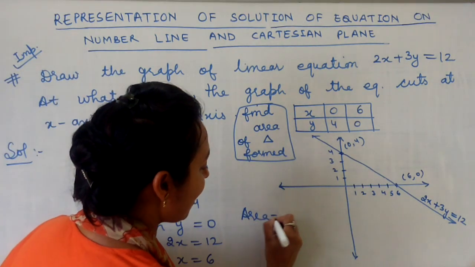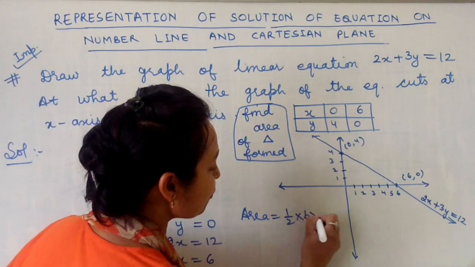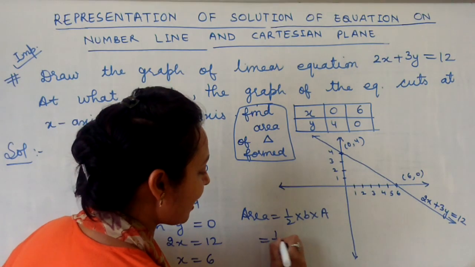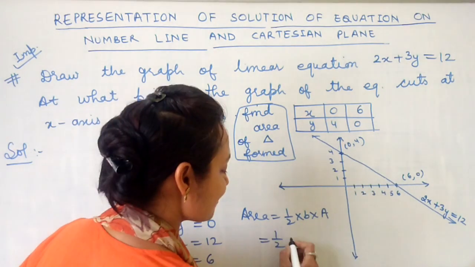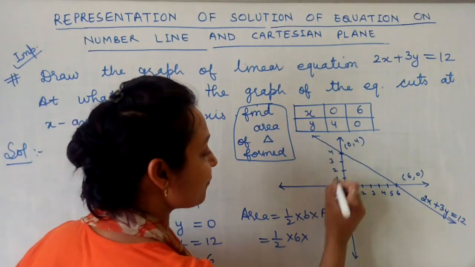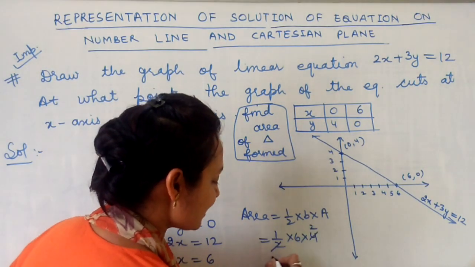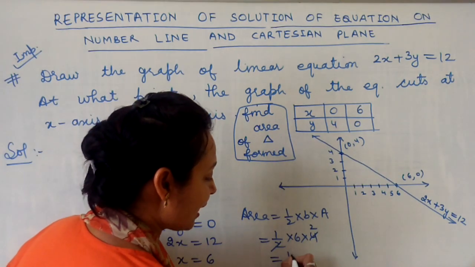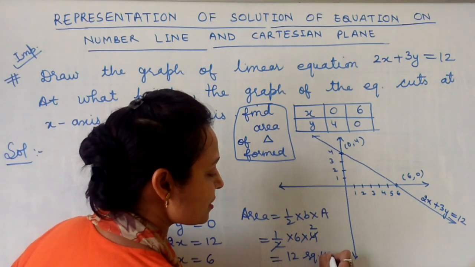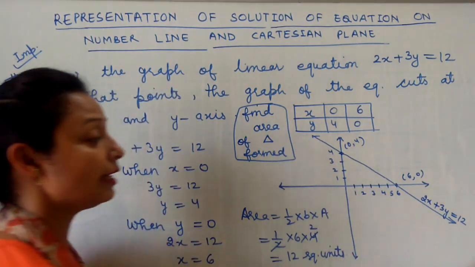Area is equal to half base into altitude. Half, base is 6 and altitude is 4, because it is a right angle triangle. So you can cancel: 2 twos are 4, so 12 square units. So this is the way to find the area.